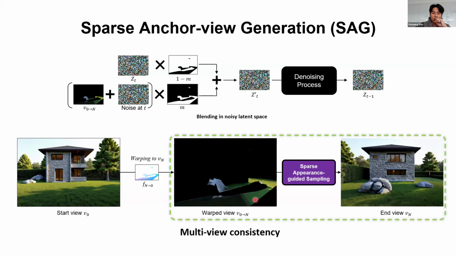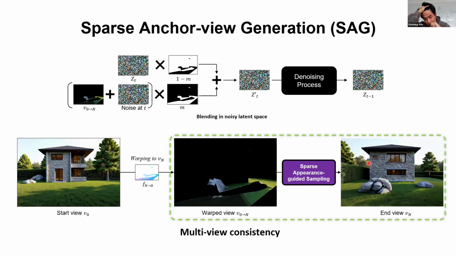To guide this information in the generation process, we repeatedly blend the noised warped image to the noise latent during the earlier time steps of the denoising process. This can effectively preserve the color and semantic observations by injecting the information into the earlier generation process.